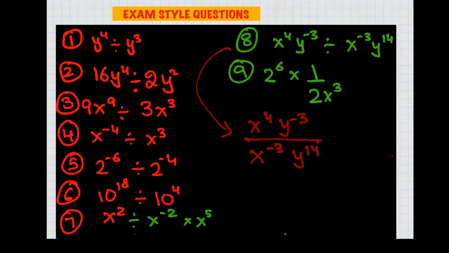So as you see here, the base is x and x is same, y and y is same, and we got the powers. So what we do is we simply write down the bases first, x for the first one to the power 4, then minus sign of the formula, then whatever you have, this minus 3 please.